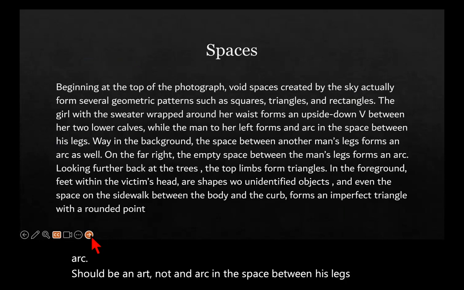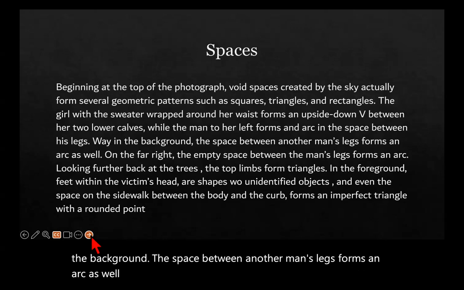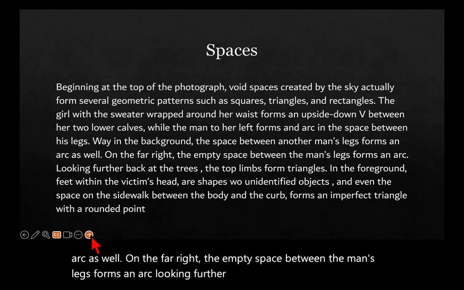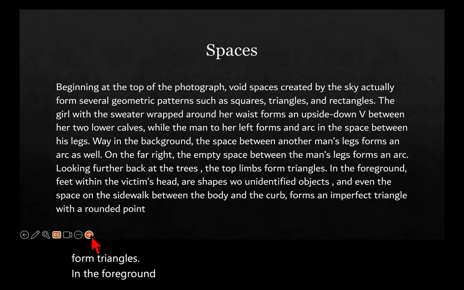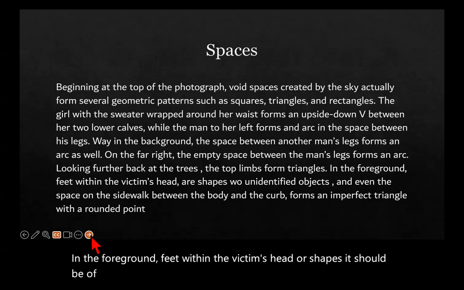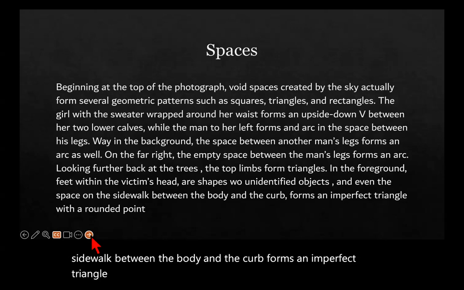Way in the background, the space between another man's legs forms an arc as well. On the far right, the empty space between the man's legs forms an arc. Looking further back at the trees, the top limbs form triangles. In the foreground, feet within the victim's head are shapes. It should be of two unidentified objects, and even the space on the sidewalk between the body and the curb forms an imperfect triangle with a rounded point.